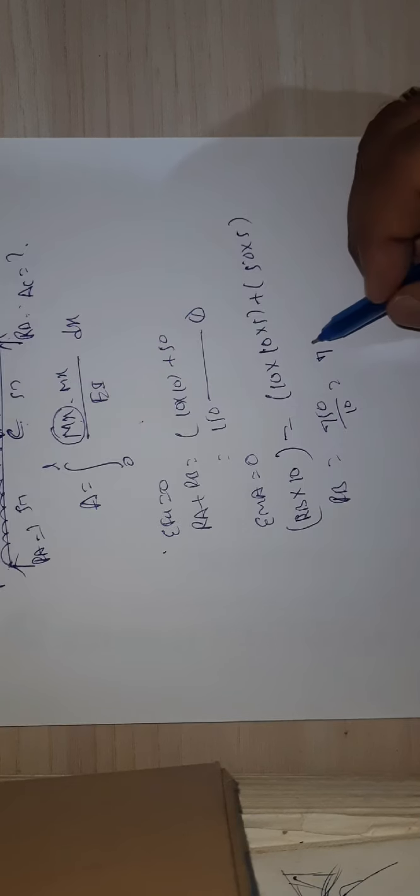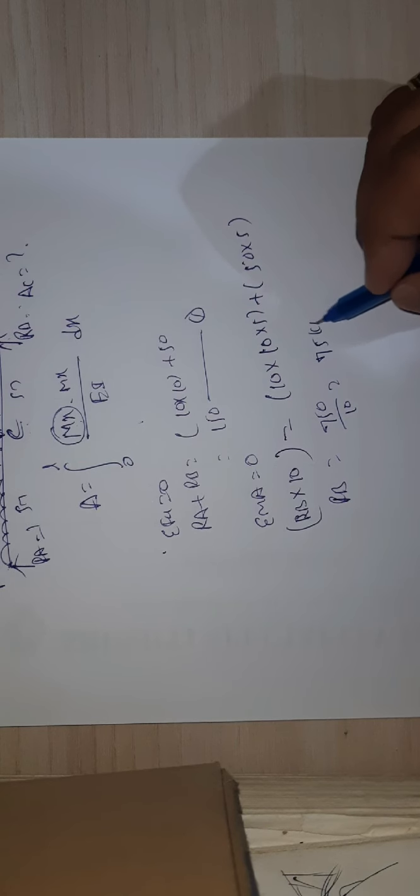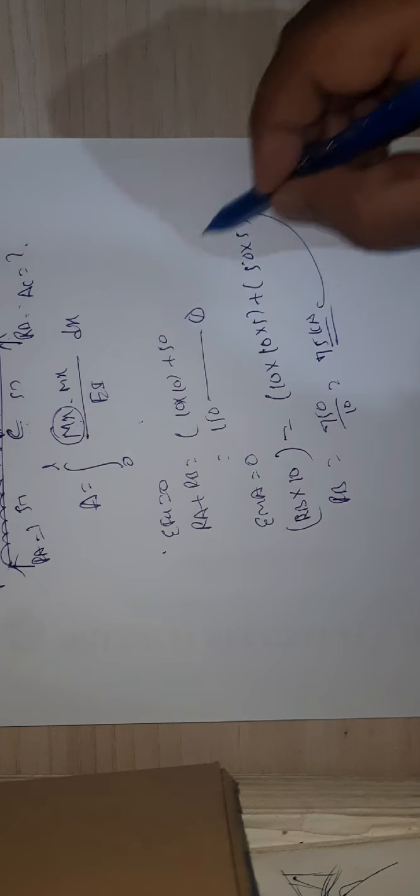Then RB, if you calculate, is 750 divided by 10, so it will be 75 kilonewton. Substituting in equation number 1, RA equals 150 minus 75, which is also 75 kilonewtons.